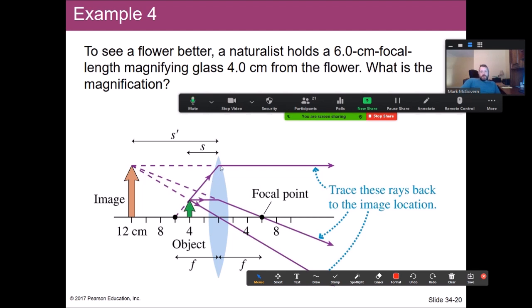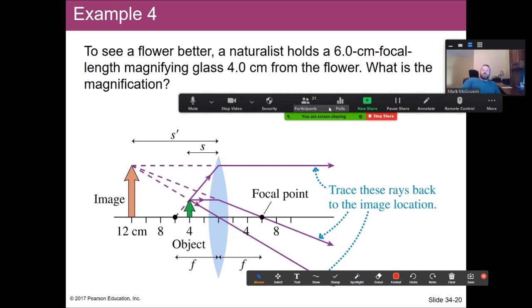You come up, you hit the lens, you run parallel. You got one that passes right through the center of the lens, so you got to trace back to see what happens there. And then your third one is you run parallel first, and then you go through the other focal length. You can see the rays diverge away, so that means the image is virtual, it's on the other side, over here. And so we got a much bigger object, right? And it's on the same side.